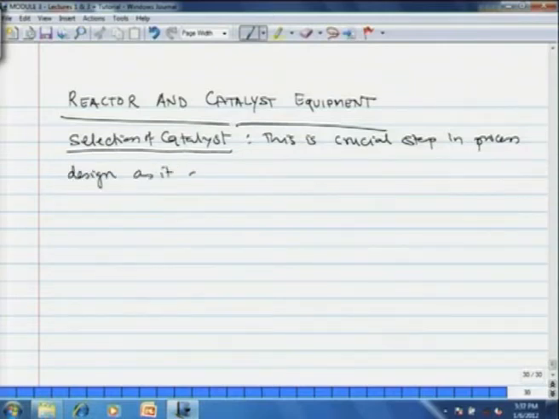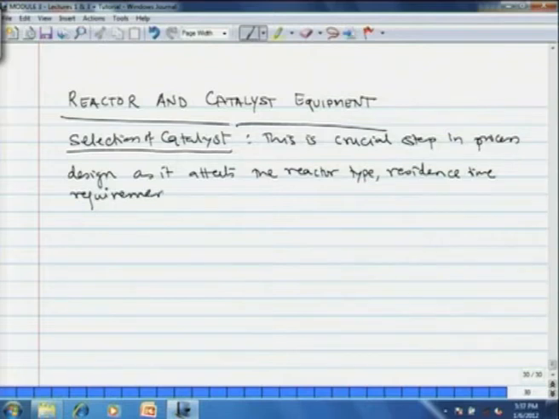As it affects the reactor type, residence time requirements, provide greater selectivity, and finally, all of these affect the capital and operating cost.